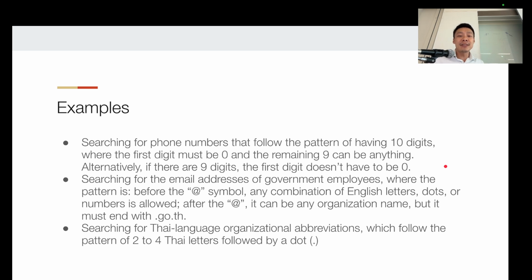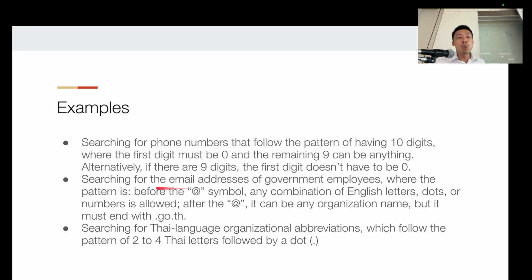But if there are 9 digits, the first digit doesn't have to be 0. So, things like this. It's hard to write a program to detect this, but regular expression is probably the only way to express that, all right? Email addresses, we use that a lot when you create a form and you want to check whether it's a real email address or not, then you use regular expression.